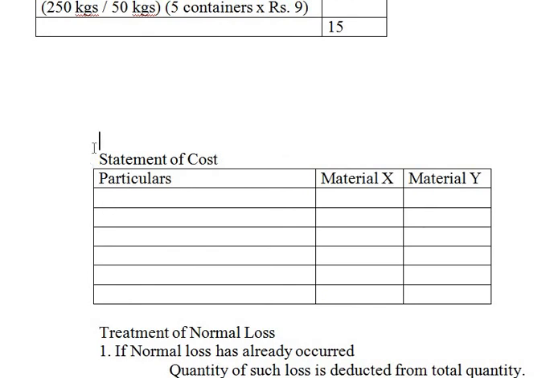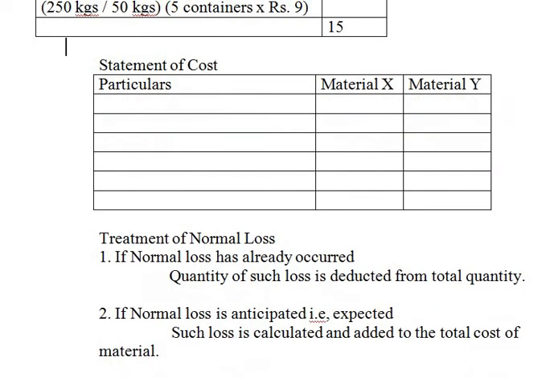Write down the next line, statement of cost. Three columns: particulars, material X and material Y. The format is already given. First we need to take invoice price. Material X is 1500.